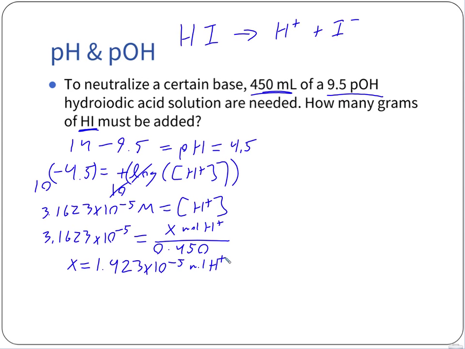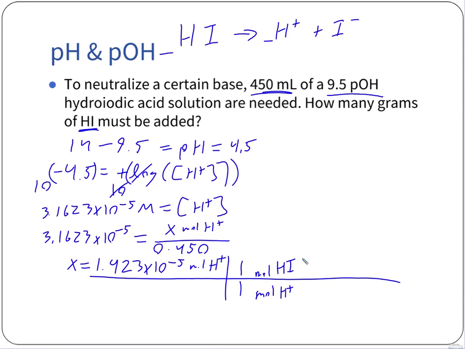All right, so now that we have that, we're trying to find grams of HI. So let's just go ahead and set up our table. We want to go from moles of hydrogen ions to moles of hydroiodic acid, and that's going to be just a 1-to-1 ratio in this particular case. Then we want to go from moles of hydroiodic acid to grams of hydroiodic acid.